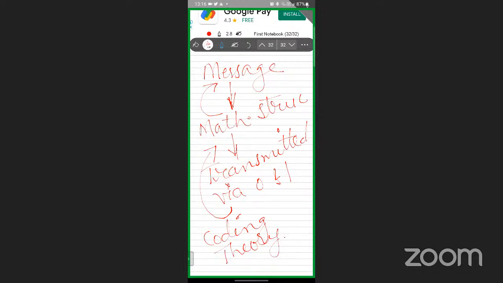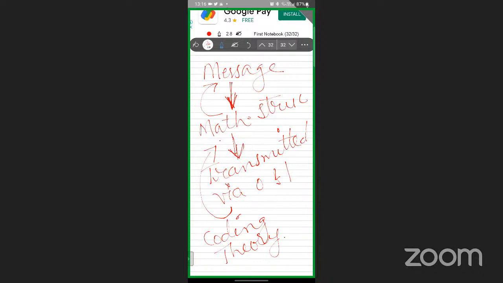How to code a message so that a machine can understand it, that is coding. So we convert this message into some known mathematical structures, namely the vector space, the codes, and then we transmit this in the form of zeros and ones.